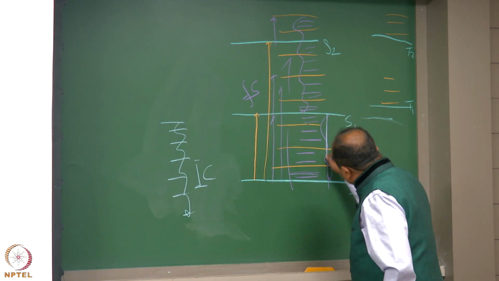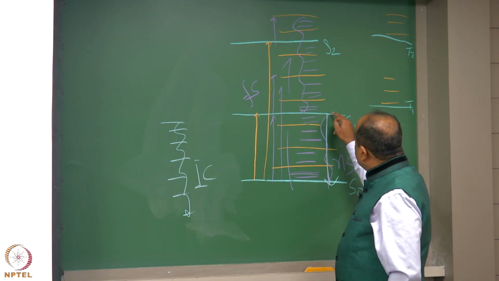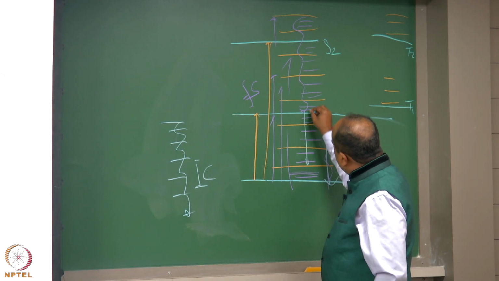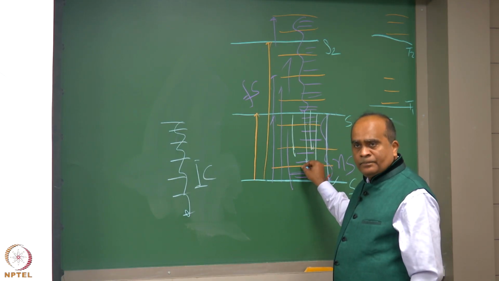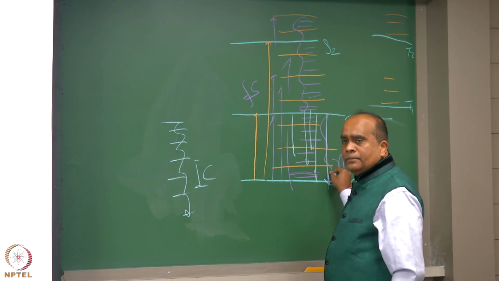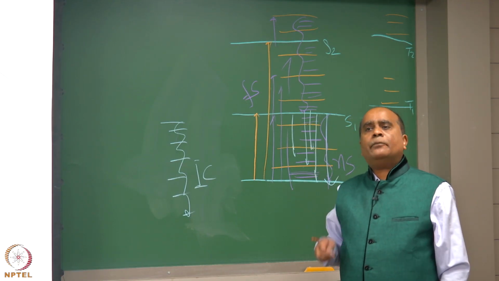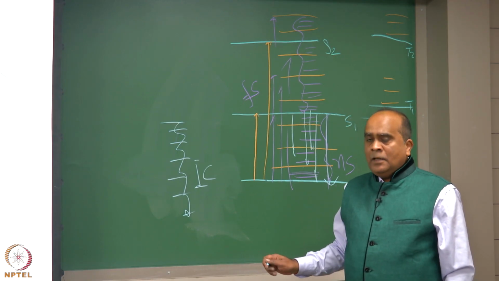Then, when it comes from S1 to S0, it does not only come to S0; it can come here, here, here, all sorts of levels. When it comes here and gives light, that is called fluorescence, because this is a radiative process.